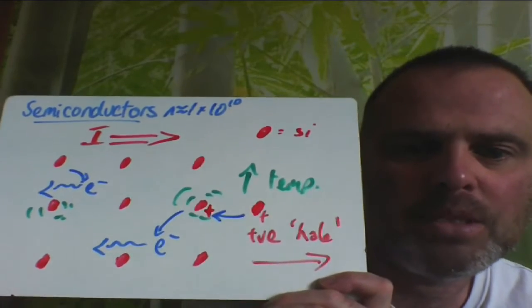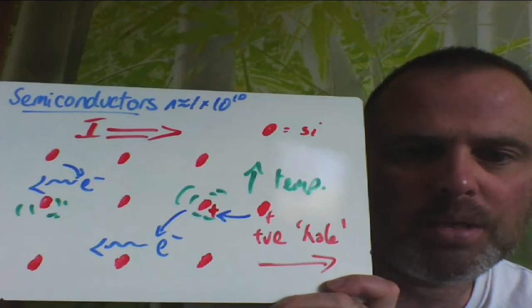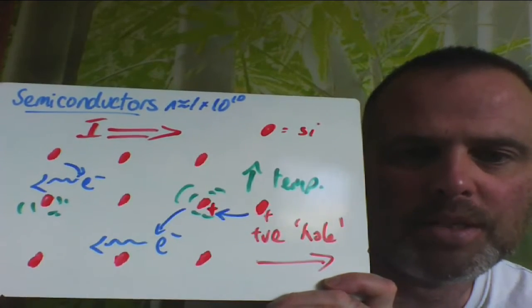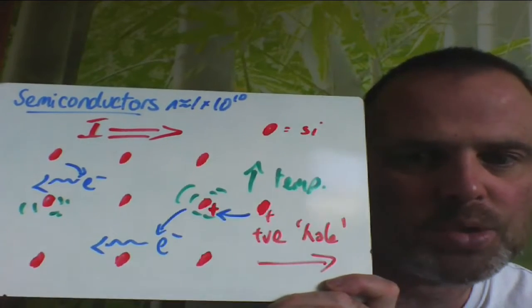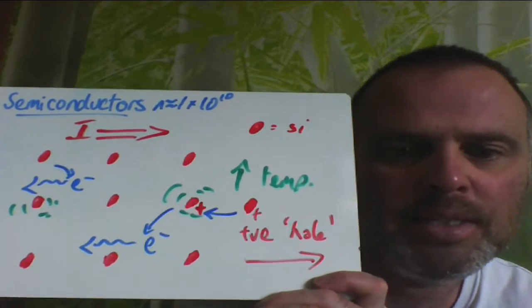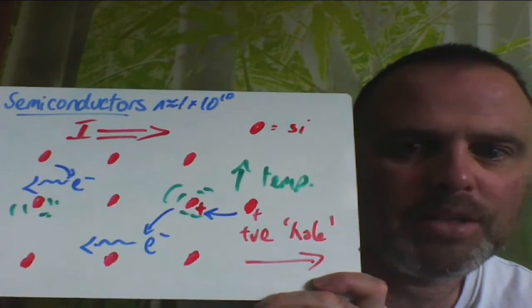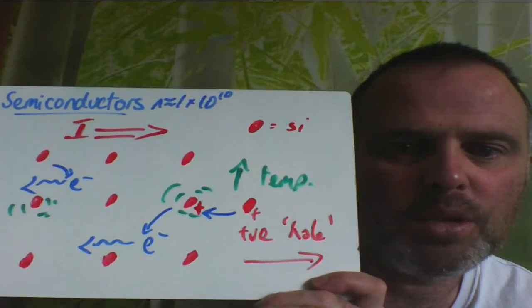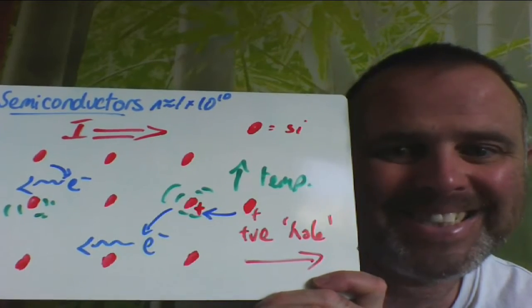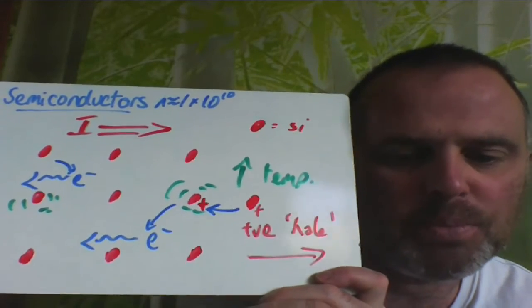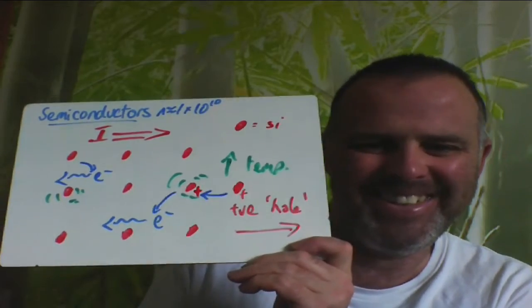Okay, so in your semiconductor, remember that you get free charge carriers, electrons freed up, and you also get positive holes carrying the current, the charge in the opposite direction. Okay, so in this case a hole is positive, not negative.